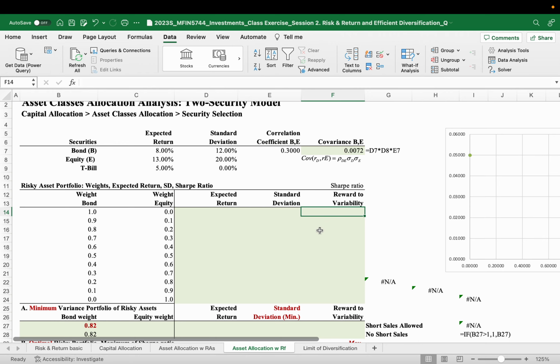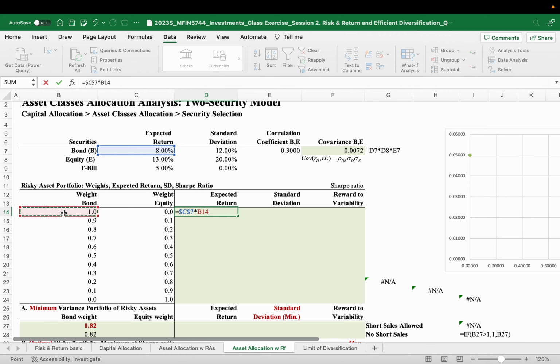So now, how do we get the expected rate of return? We want to start from the expected rate of return, and then let's fix times. We want to fix only the B column, plus now the expected rate of return of the equity.